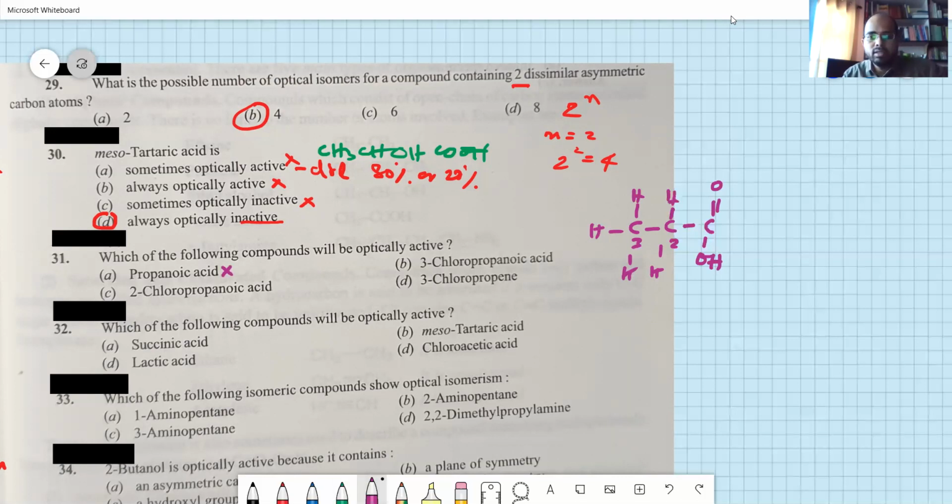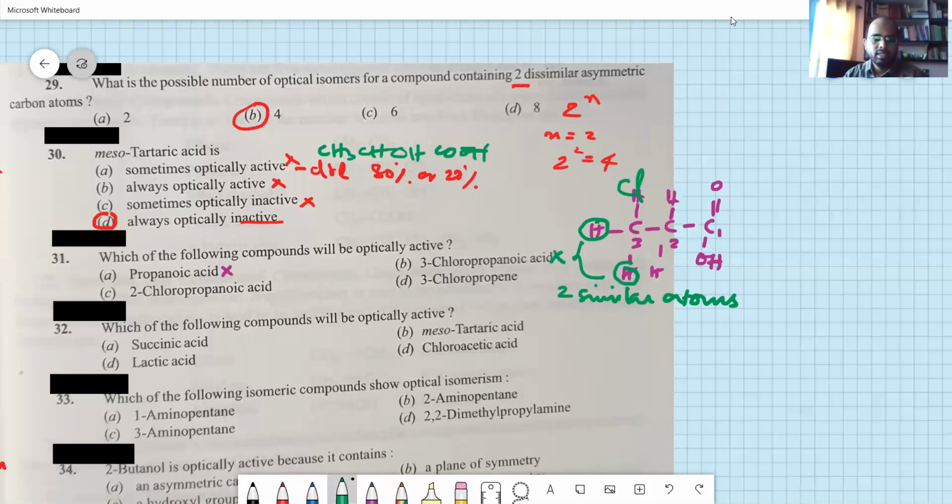This is 1, this is 2, this is 3. 3-chloro. Only this will be substituted by this. 3-chloropropanoic acid means you will have 2 similar atoms there. Okay, because it is having 2 similar atoms, this is also not the right answer.